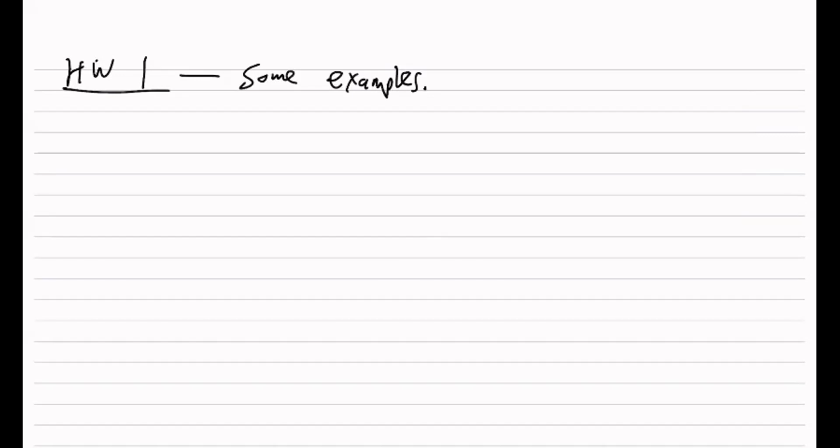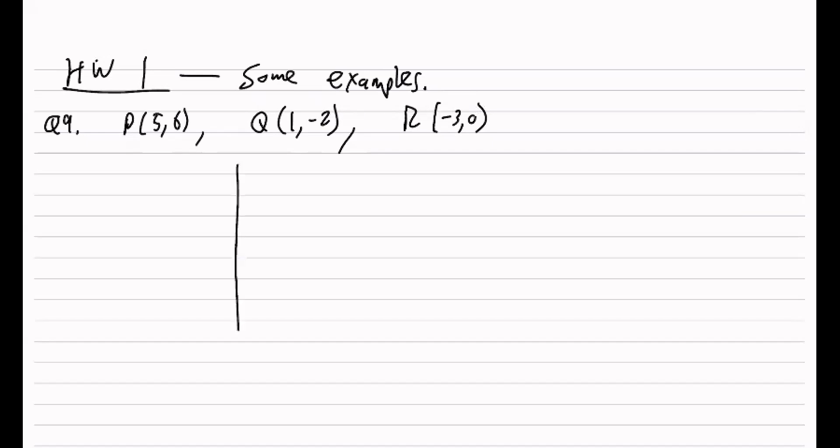Let's look at question 9. The coordinates of 3 points P, Q, and R are 5, 6, 1, -2, and -3, 0 respectively. Show that P, Q, and R could be the coordinates of the rectangle PQRS. So I would want to draw a sketch first. Every time I hear rectangle, parallelogram, trapezium, I cannot take it if I don't draw a picture.